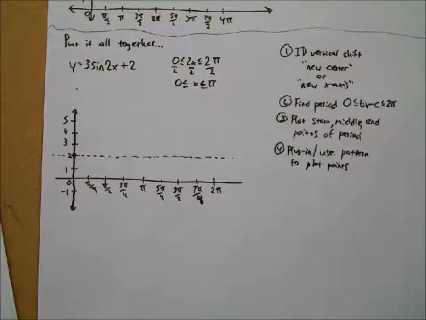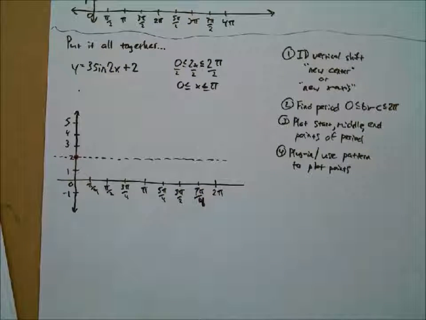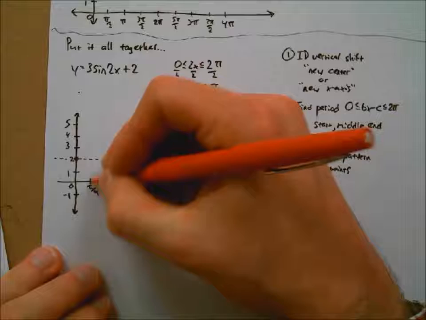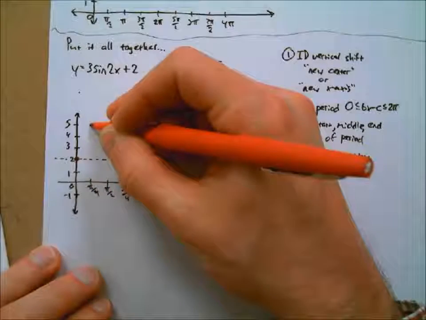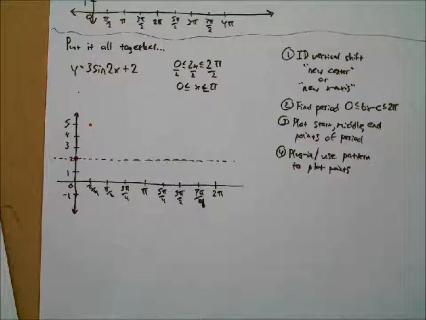Plug in pi over 4. 2 times pi over 4 is 2 pi over 4, or pi over 2. What's sine of pi over 2? Sine of pi over 2 is 1 times 3, 3 plus 2. So at pi over 4, we're at 5. At pi over 2, what y value are we going to be at? At the 2, right?